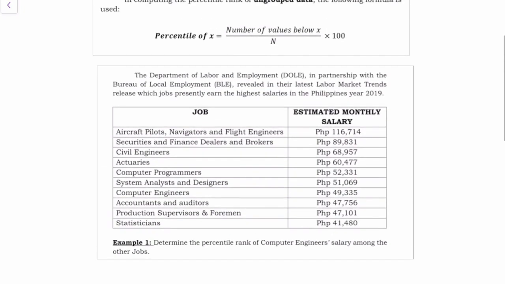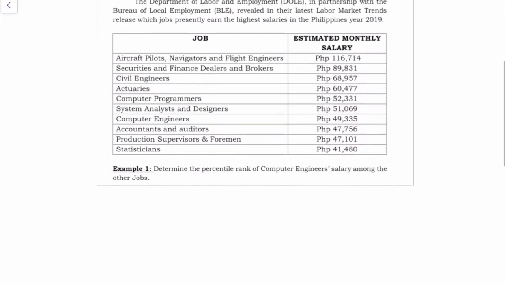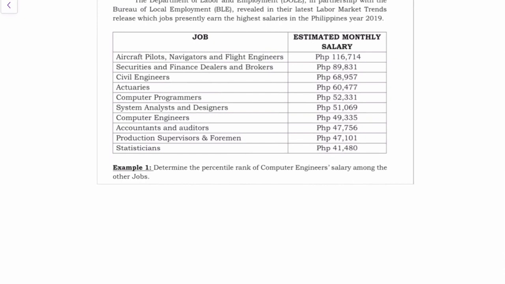Now, we look at our formula, the percentile of x. So, let us determine here in our problem what is the x. The x here in our problem is the percentile rank of computer engineer.